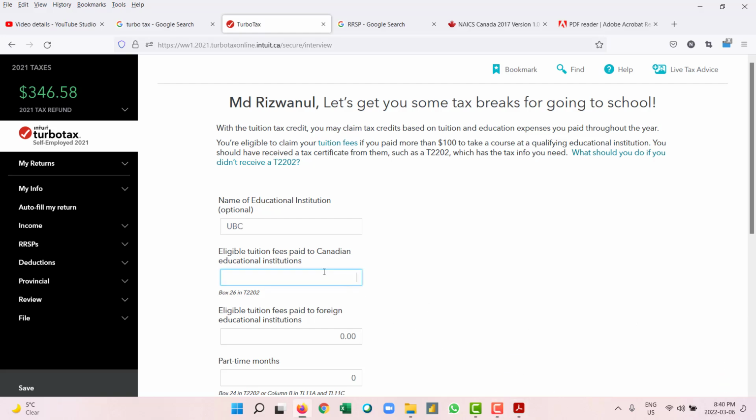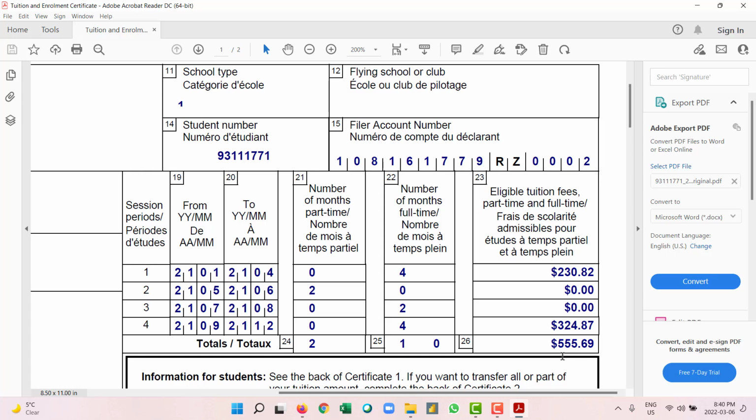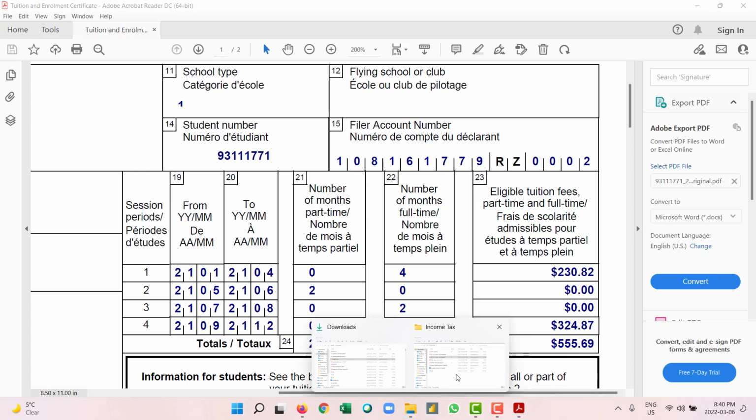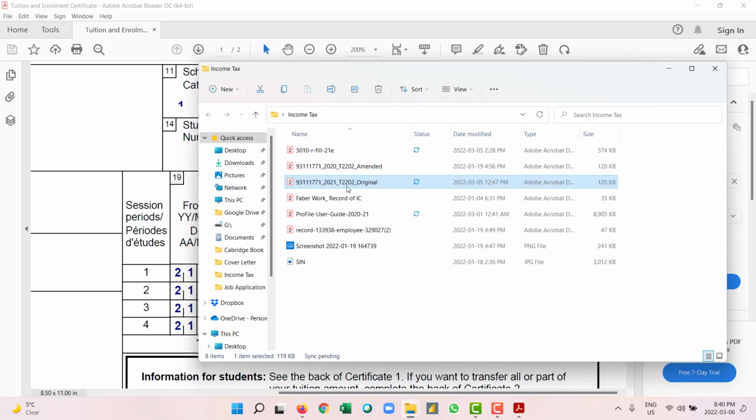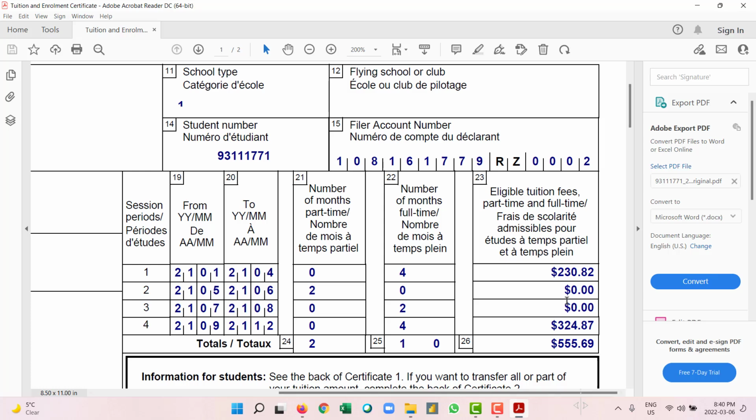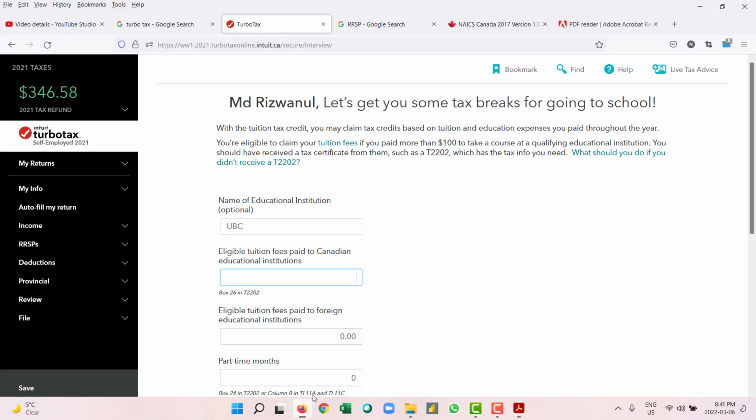Now I can say that my eligible tuition fees to Canadian institutions is $555.69. They will give you a tax slip like this, the T2202, and I opened it, showing that my eligible tuition is $555.69.